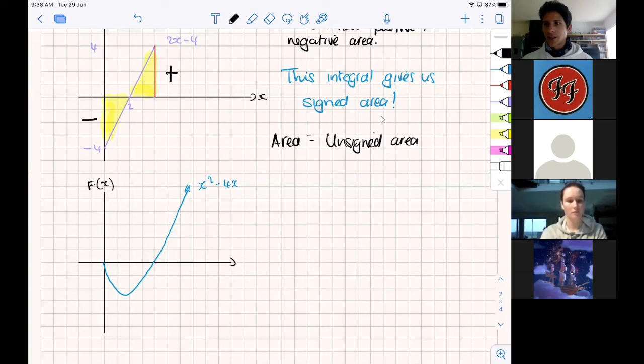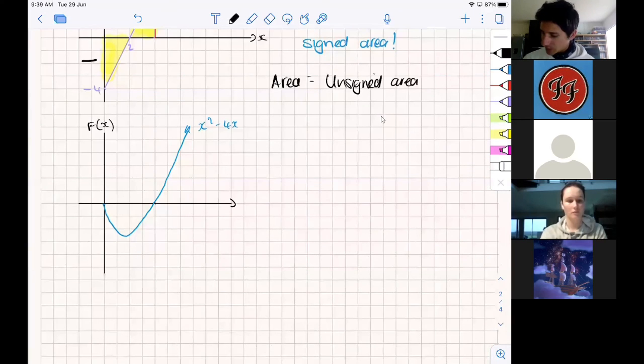It tells us how far we are from where we started. So you can have a look here and see that we started at 0. Then we went backwards. And where did I end up after time 4? Who wants to venture a guess?